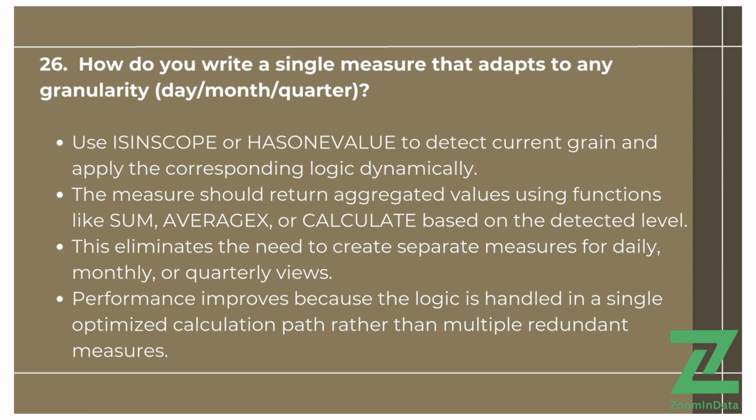This eliminates the need to create separate measures for daily, monthly, or quarterly views. Performance improves because the logic is handled in a single optimized calculation path rather than multiple redundant measures.